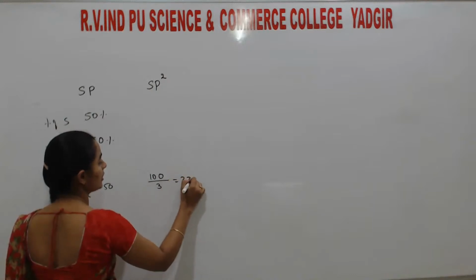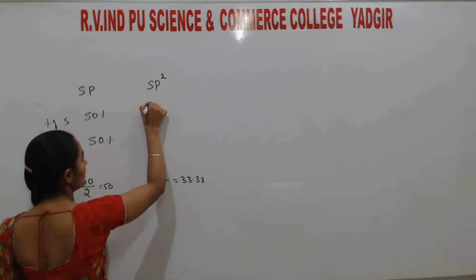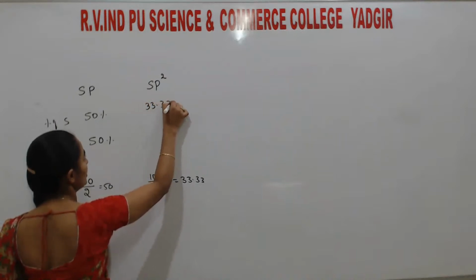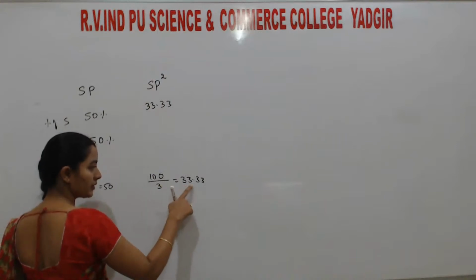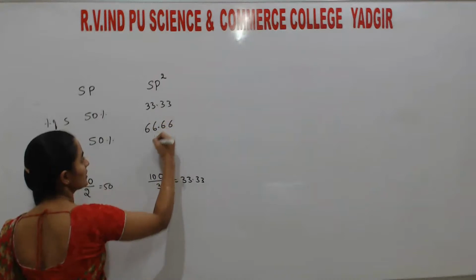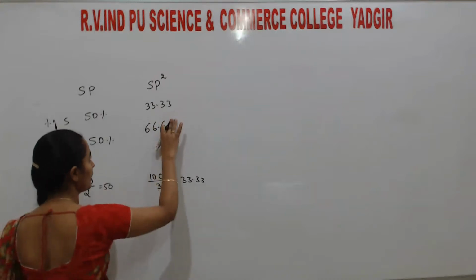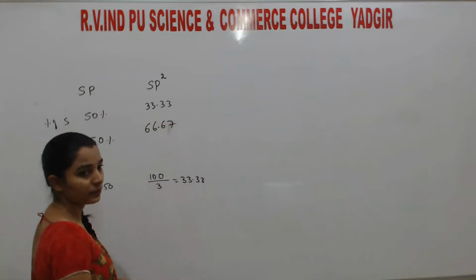Next, if you take sp2 hybridization, this is 100 divided by 1, 2, 3. That is 33.33. So here the s character is 33.33, and the p character: two p orbitals are there. For one it is 33.33, for two it is 66.67.